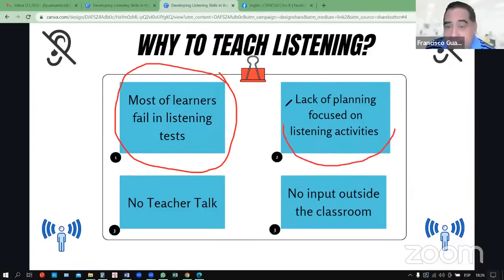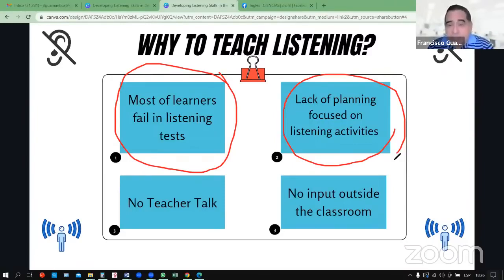The second part is the lack of planning focused on listening activities. Many teachers teach grammar, writing, and reading, but they forget about listening. To be honest, I don't know why. Maybe because they don't have the tools to focus on that.